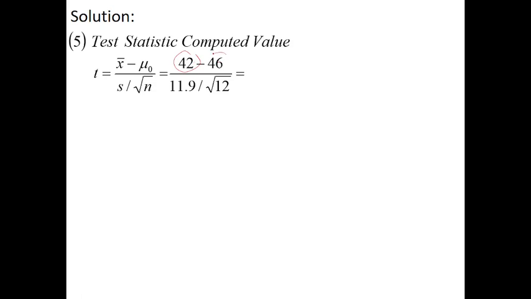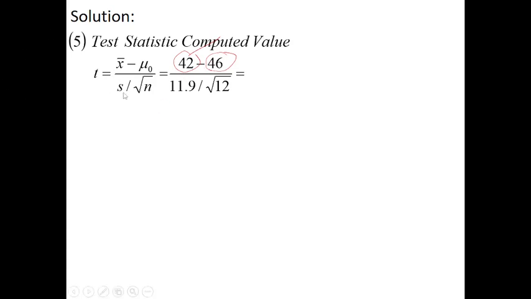Now, this is believed to be true for all vacuum cleaners in every home, no? So we have 46 kilowatt hour per year. Is 42 kilowatt hour per year significant for us to reject 46 kilowatt hour per year that is believed to be true? So let's see.